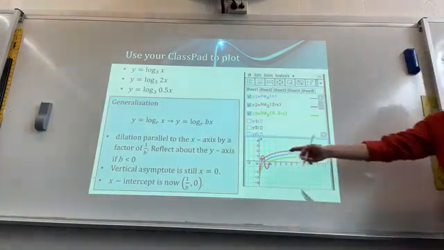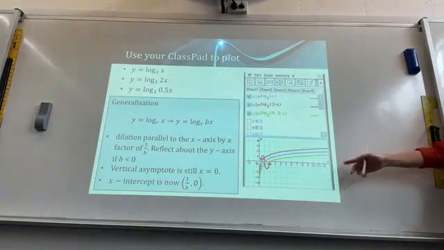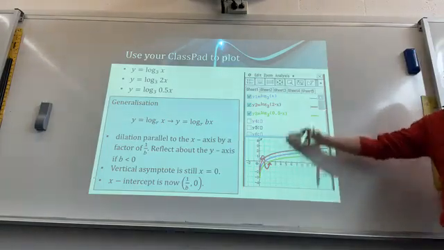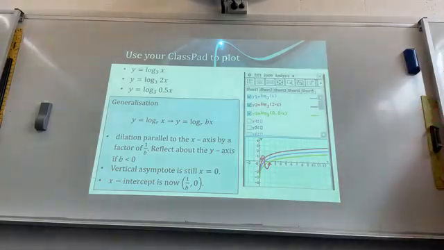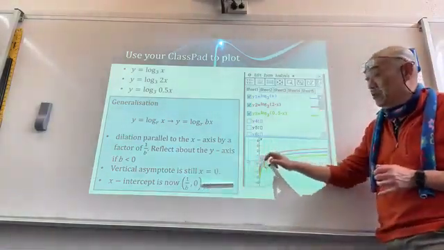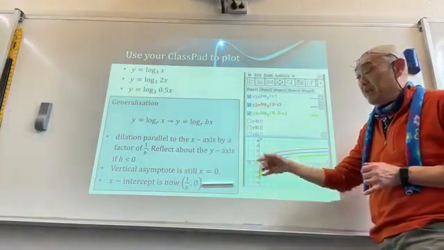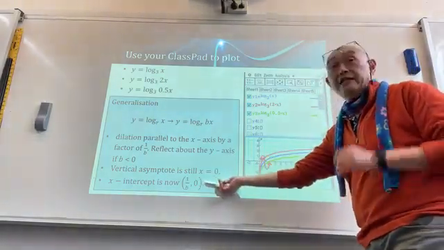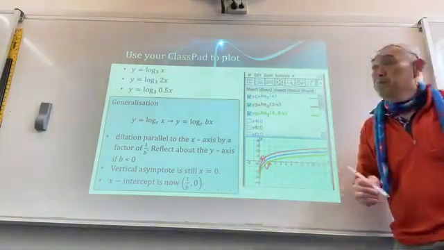The domain is x is greater than 0, whereas the range of y is just an element of the real numbers. Happy with that? So now you should be able to think about how you could work out the x-intercept. And always state the x-intercept as a coordinate. Alright?